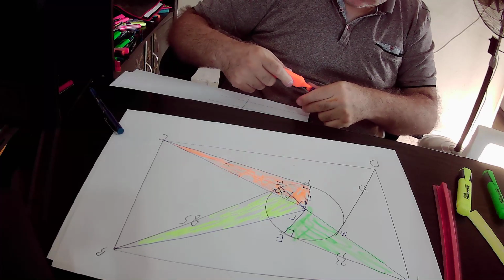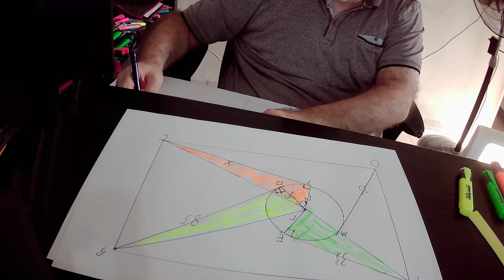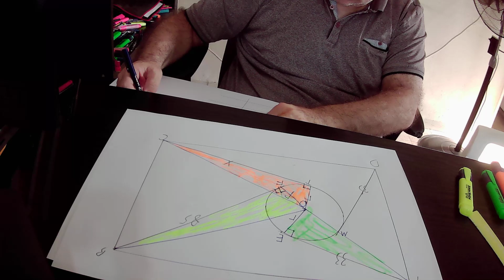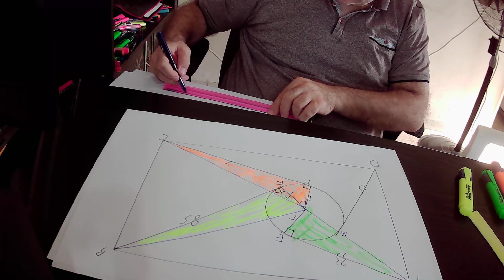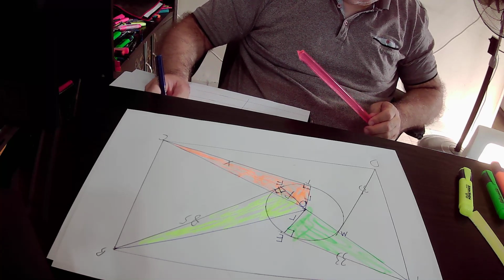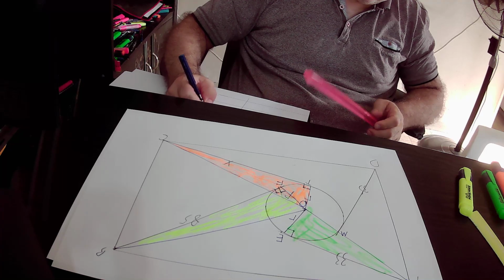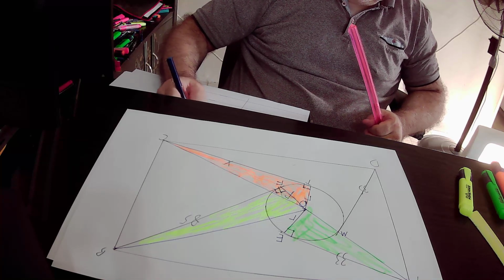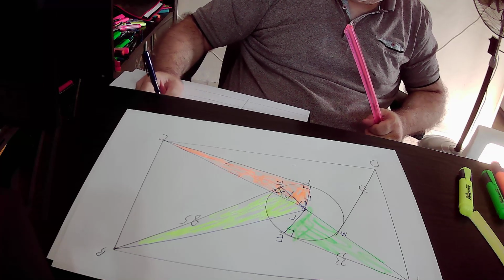The right orange triangle OTC, according to the Pythagoras theorem, we get that OC square equals OT square plus TC square.